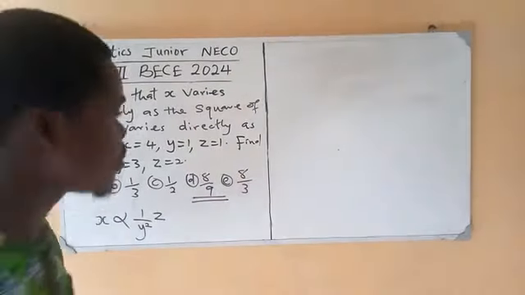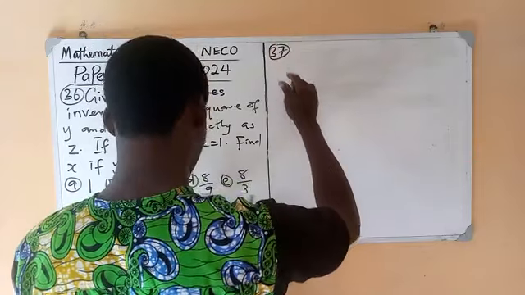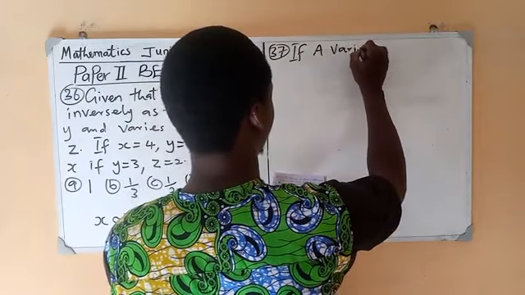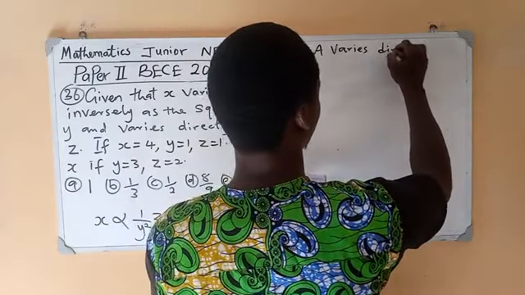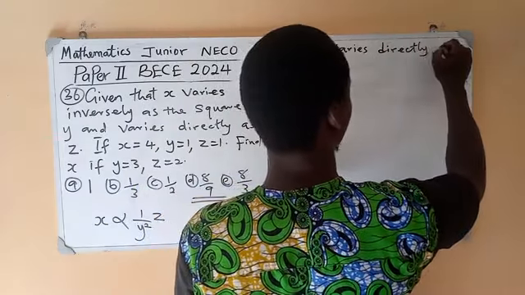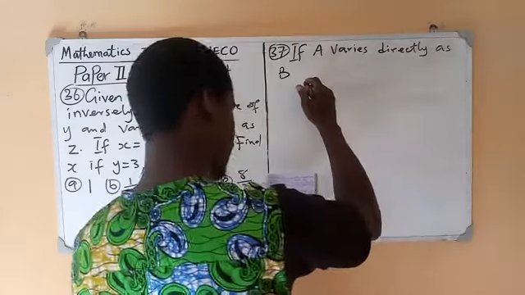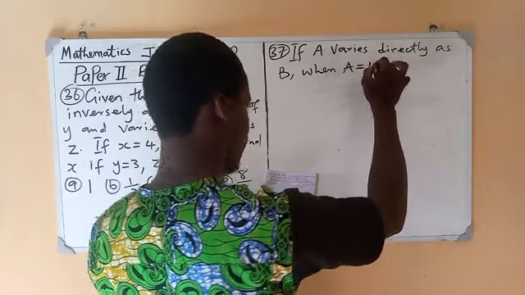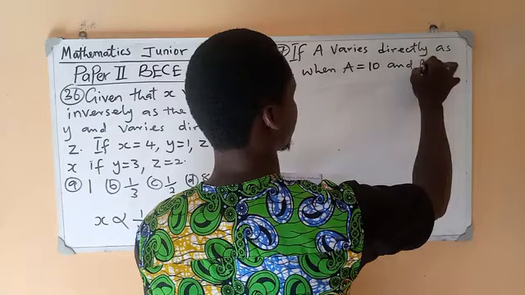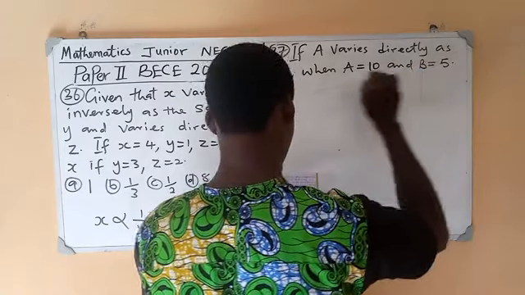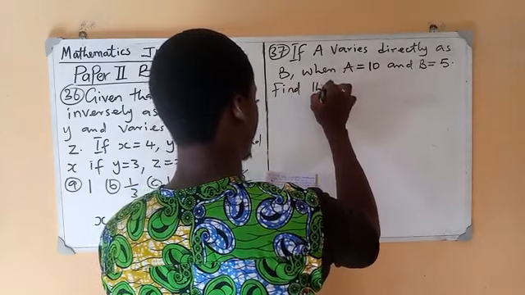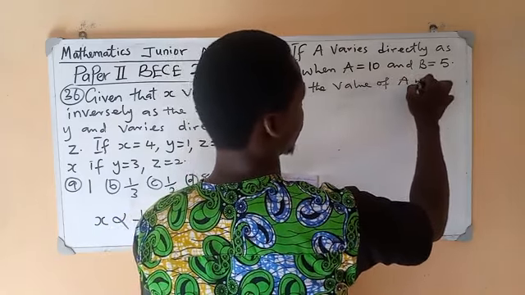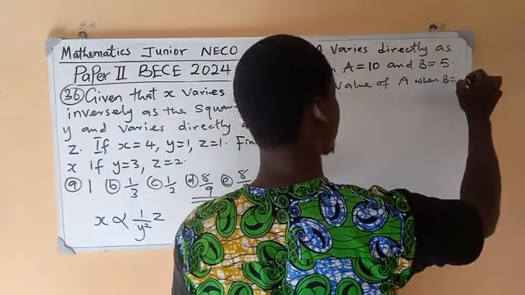Question number 37 says, if A varies directly as B, when A equals 10 and B equals 5, find the value of A when B is 16.